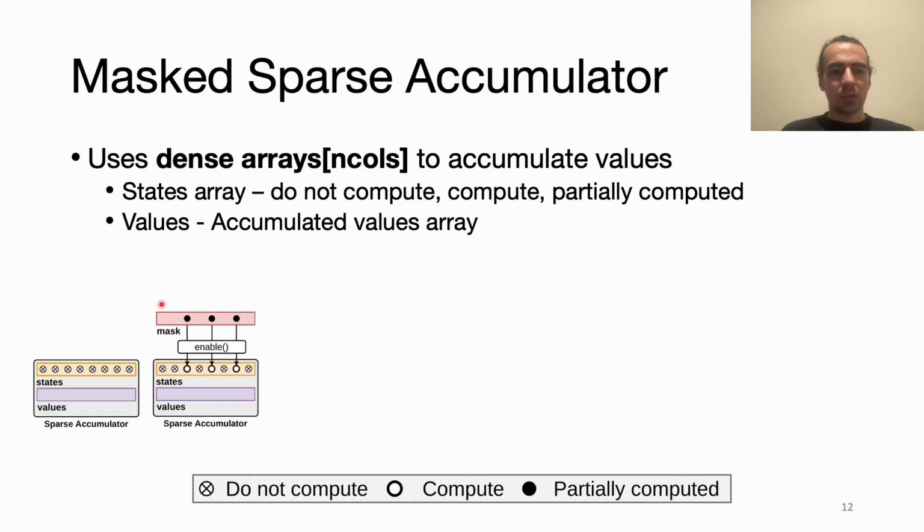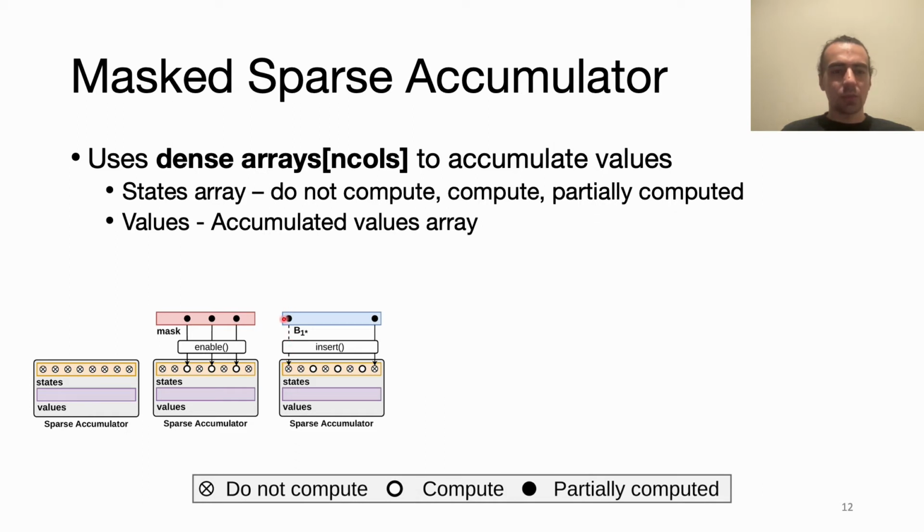Then we take the current row from the mask, and for each non-zero in the mask's row, we take the corresponding element in the states array, and we change the state from do not compute to compute. Then we take a row from B, and for each non-zero in the current row from B, we check the corresponding state value, and if the value is do not compute, we ignore that element.